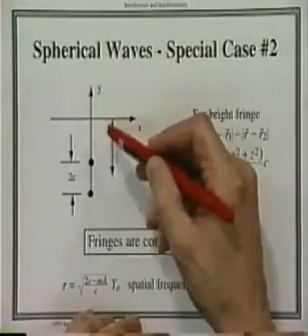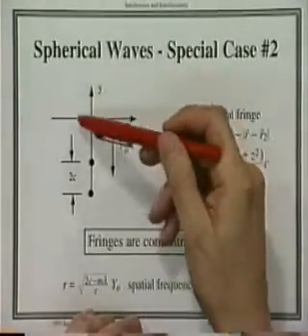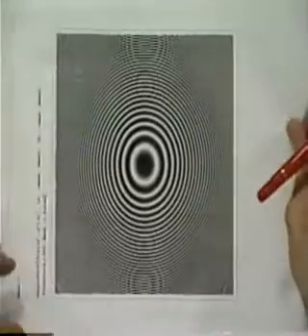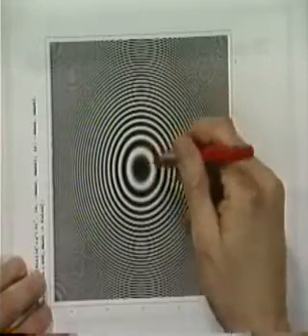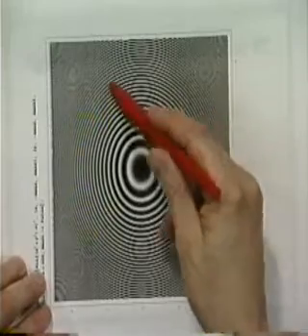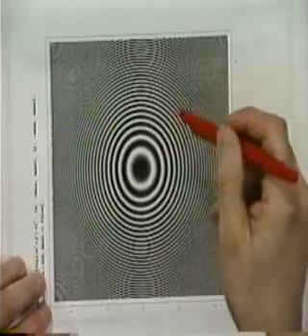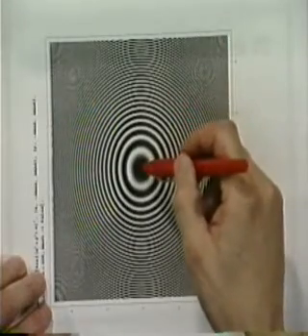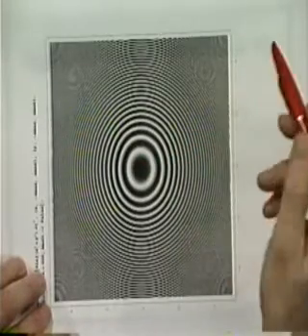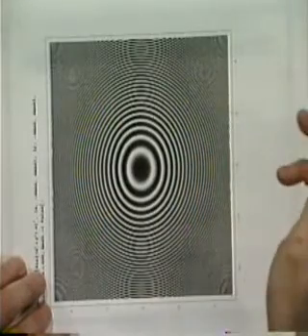As we move out, the angle between the 2 interfering beams will get larger, and so the fringes are going to get closer together. So we get these fringes like this, circular and widely spaced in the middle, and then as we move out, they get closer and closer together. In fact, we saw that the spatial frequency increases in a linear fashion with distance as we go out, and the radius went as the square root of integers also.